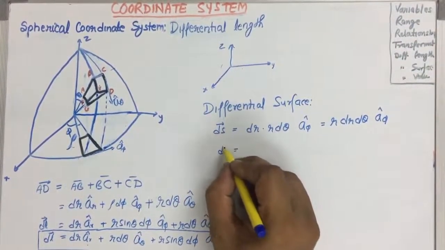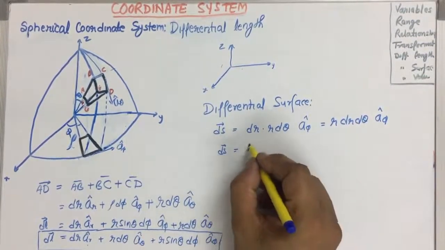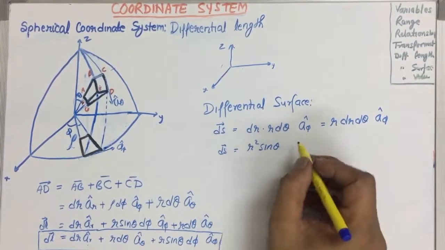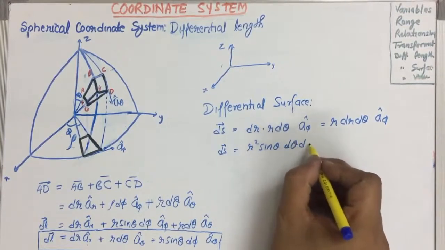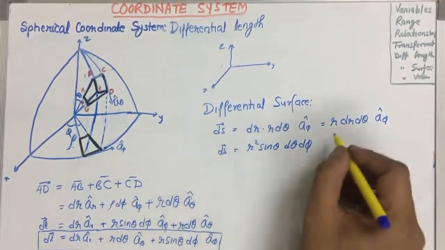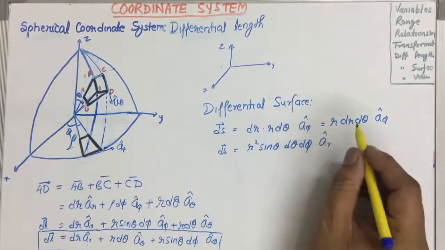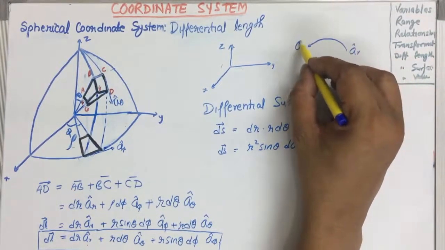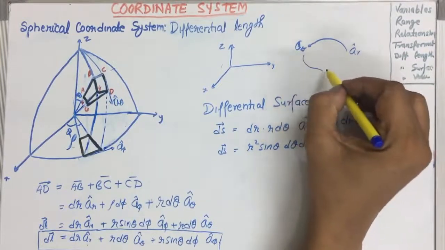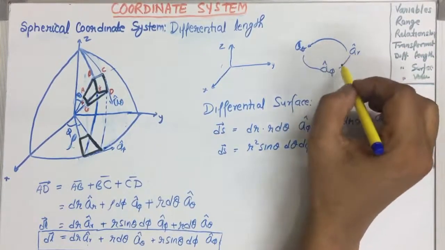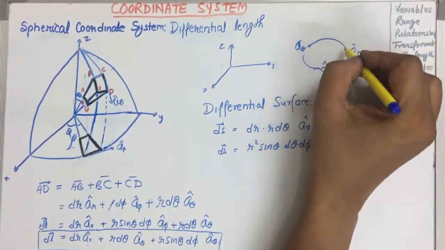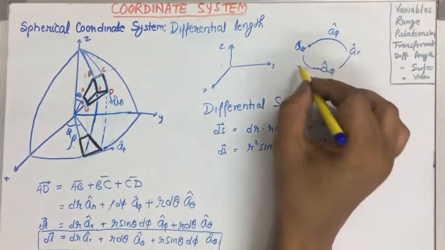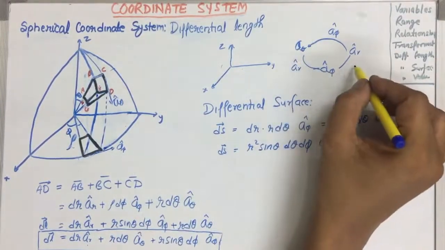Another ds is the multiplication of these two, r square sine theta d theta d phi, and the cross product of these will give a r, because we know a r cross a theta gives a phi, a theta cross a phi gives a r, and a phi cross a r gives a theta.